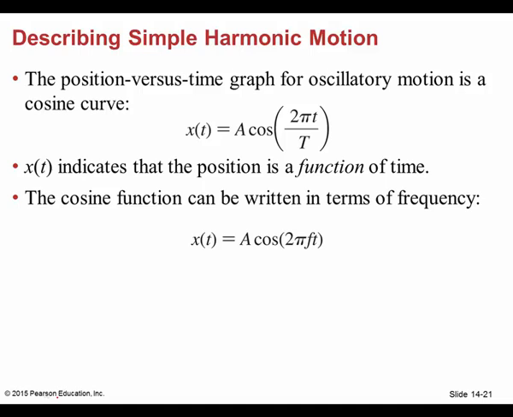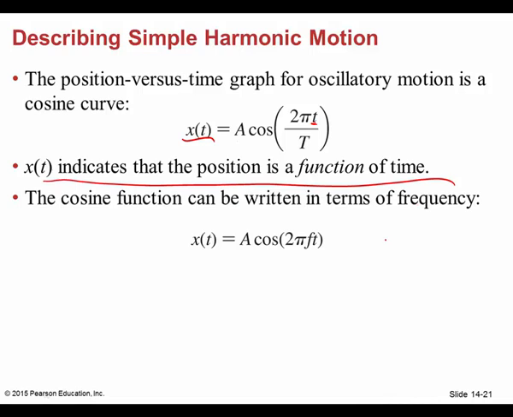So we can use this to find the displacement during a given time interval. We can take the amplitude times cosine of 2 pi t over the period, okay? Over the period. And of course this indicates that position is a function of time. In other words, we actually have a derivative here. We can actually take a derivative of this, and in a minute you'll see the derivative.